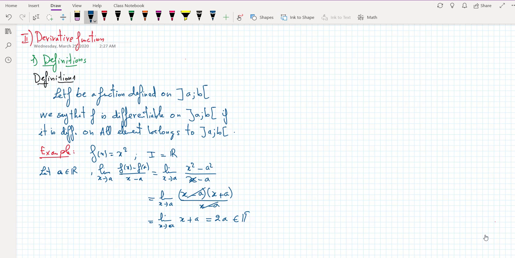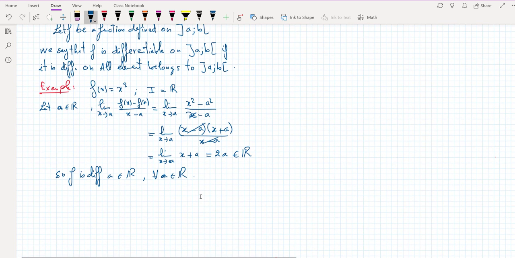And this number belongs to R. So f is differentiable at a for all a belonging to R. For all elements belonging to R, we can say that f is differentiable at a.